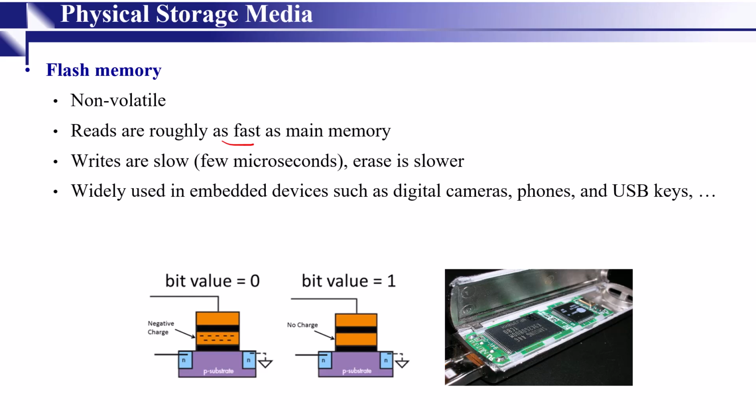How does flash memory store data? Flash memory stores data using a special tiny switch called a floating gate transistor. These transistors are made from silicon, which is a kind of semiconductor.